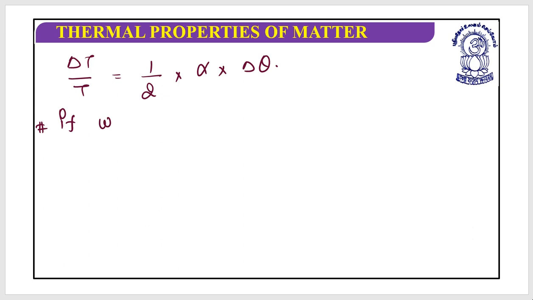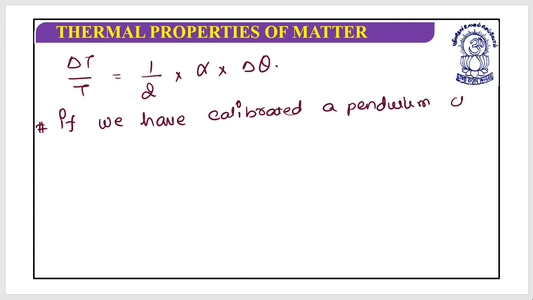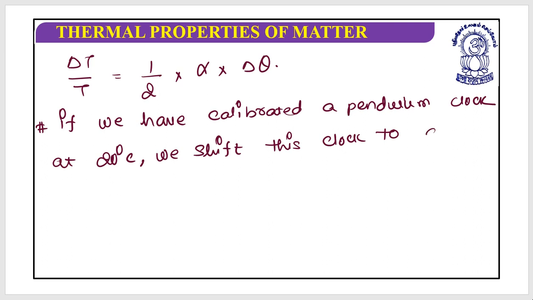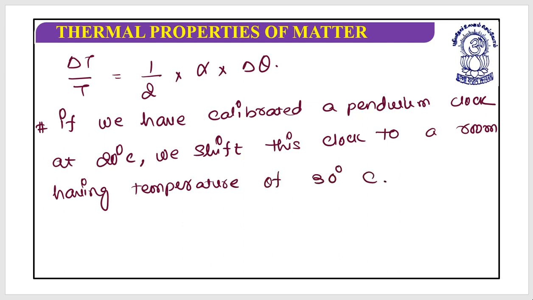If we have calibrated a pendulum clock at 20 degrees Celsius, and let's say we shift this clock to a room having a temperature of 30 degrees Celsius. Now what will happen to this clock?